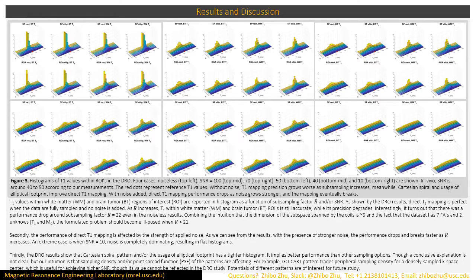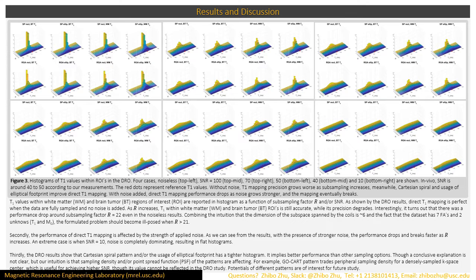Interestingly, it turns out that there was a performance drop around subsampling factor R equals 22 even in noiseless cases. Combining the intuition that the dimension of the subspace spanned by the coils is approximately 6 and the fact that the dataset has 7 flip angles and 2 unknowns, the formulated problem should become ill-posed when R is greater than 21.